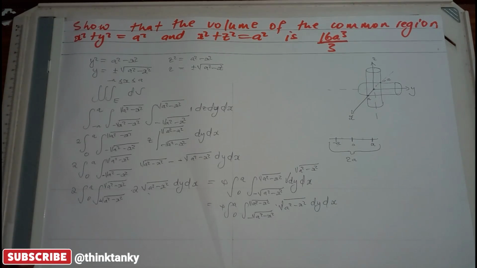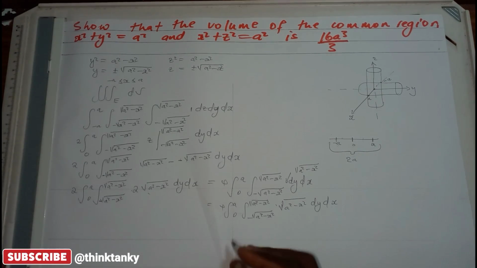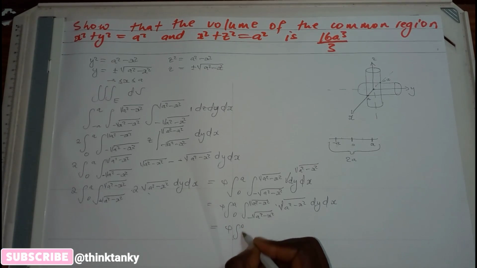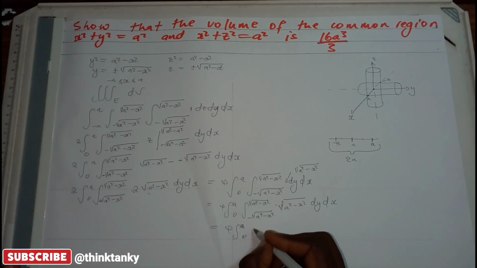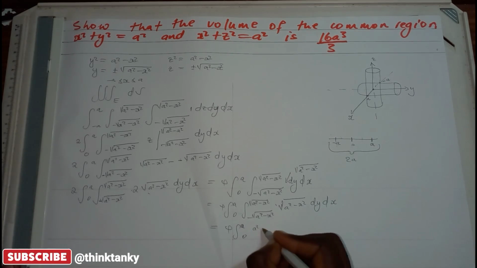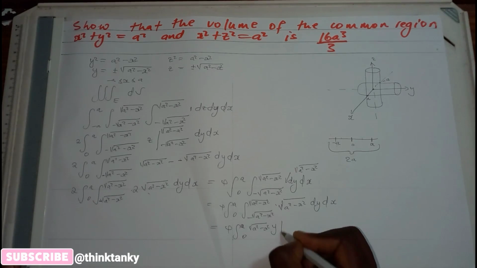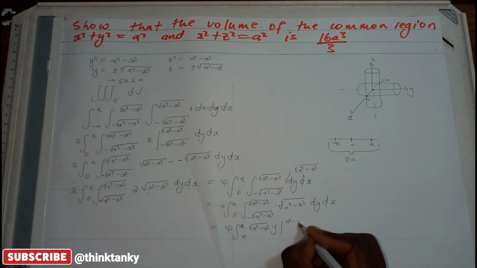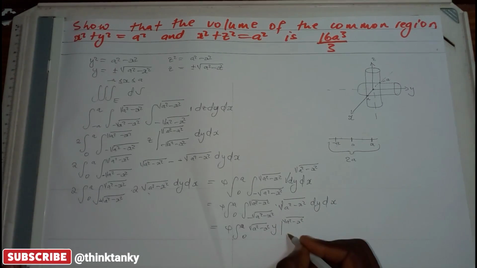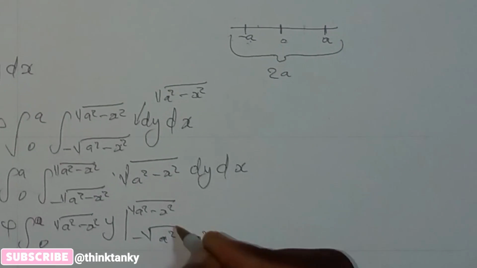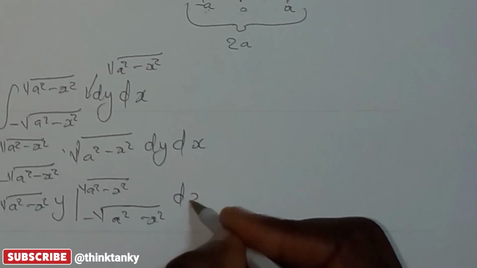Okay, so if I integrate this with respect to y, I'm going to treat this as a constant since I don't have any y variable here. So this is the same as saying 4 times the integral from 0 to a of the square root of a squared minus x squared times y, with my limits negative square root of a squared minus x squared to square root of a squared minus x squared, dx.